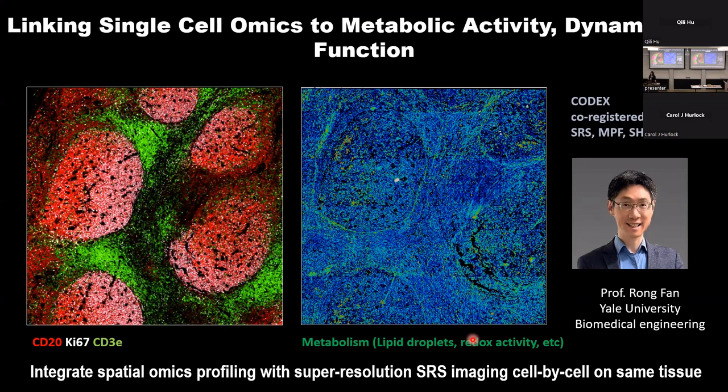So we can integrate this label-free technology with labeled spatial omics profiling together. Then that is really mapping out the metabolic activity, dynamics, and function at single-cell omics. So it's a real multimodal approach together with CODEX. We are actually doing human lymph nodes to detect disease development at an early stage.